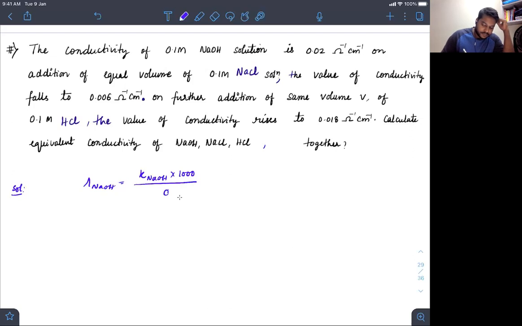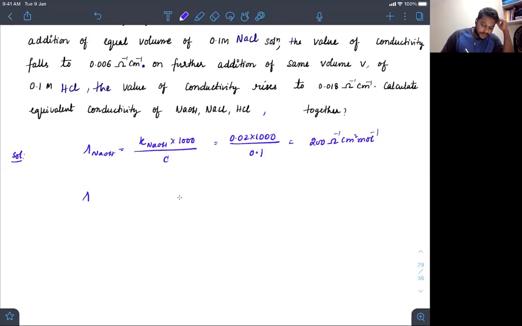So concentration C, which is kappa is 0.02 into 1000 divided by 0.1 originally. So this was 200 ohm inverse centimeter square and mole inverse.